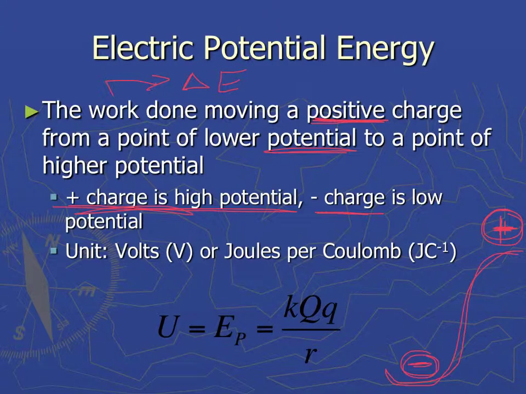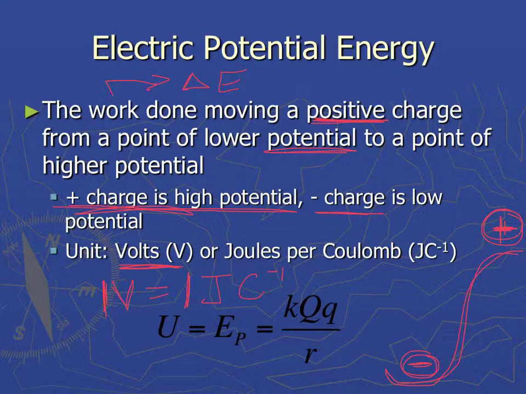And our units for potential are what we call volts. And 1 volt, 1 V, is equivalent to 1 joule per coulomb. If you look at what that unit joule per coulomb is, it's energy per unit charge. It's how much energy the test charge gains per unit charge.